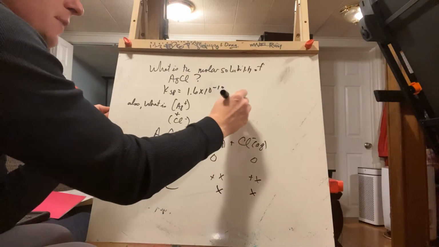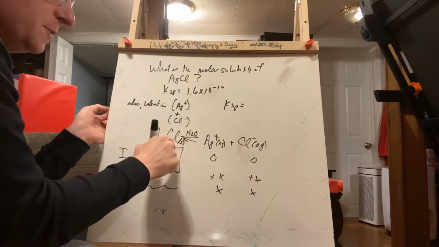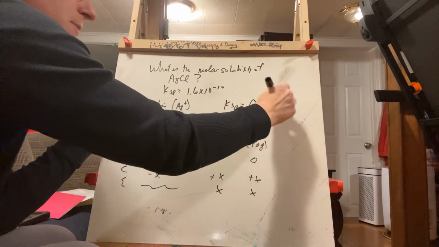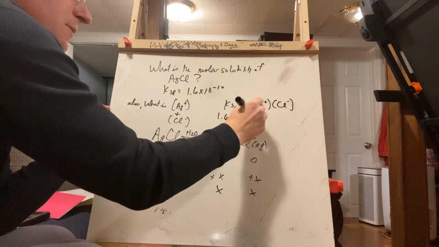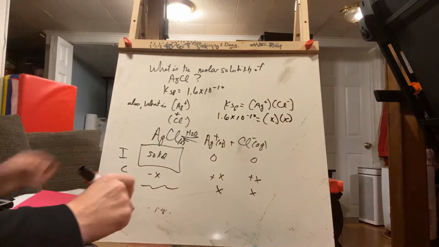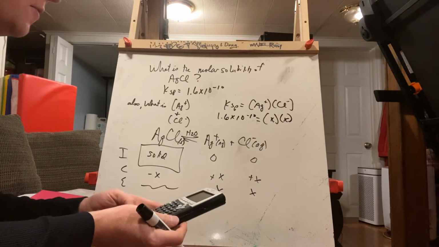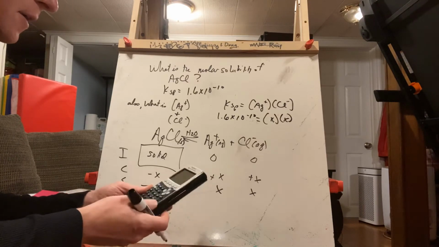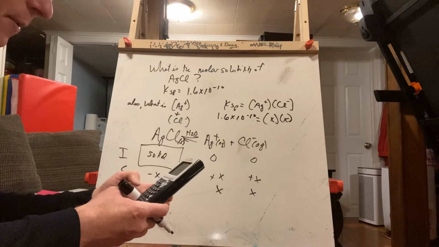So your KSP is basically these things, and don't divide by the solid. So you would just go Ag plus times Cl minus. So you'd go 1.6 times 10 to the negative 10th equals x times x. You solve for x, it's probably going to be like 1.25 times 10 to the negative 10th, I'm going to guess.